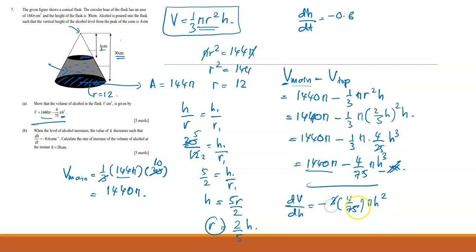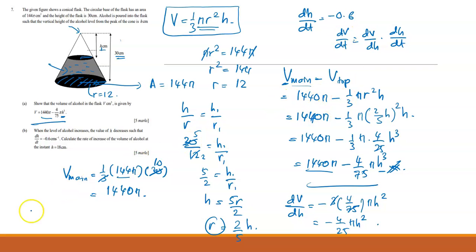So 3 divided by 75 gives you negative 4 over 25 pi h squared. So then dV/dt equals dV/dh times dh/dt.